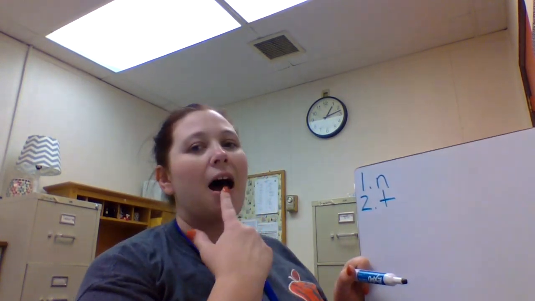So for number 1 we wrote N. Number 2, T, is a T. Number 3 is like octopus. I want you to say O, and then O is our letter, and we're going to write O down.